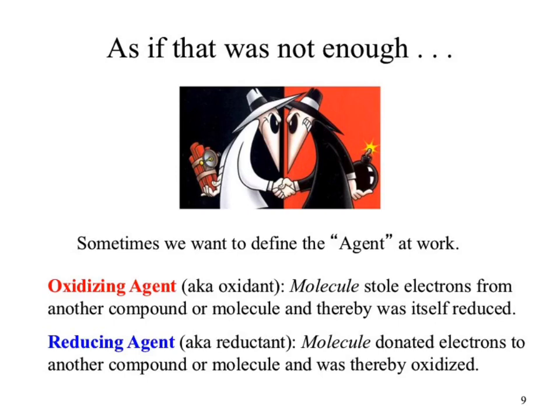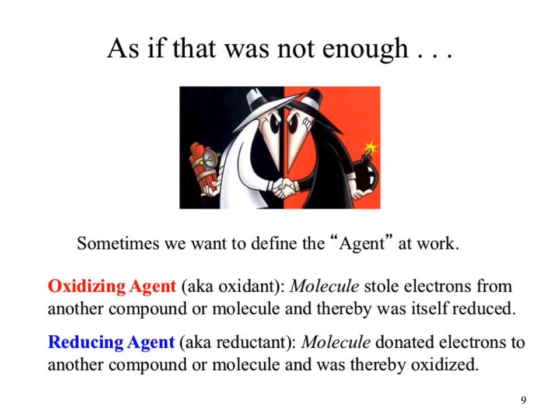Okay? The agent is causing something else to be oxidized. If I cause you to be oxidized, what has to happen to me? Well, if you're oxidized, what happened to you? You lost electrons. Where did you lose those electrons? To me.